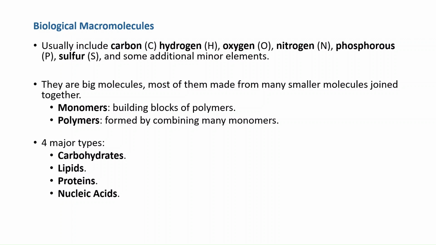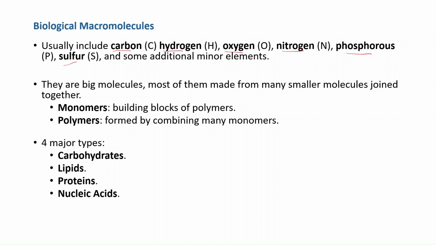Macromolecules are big molecules, and most biological molecules are big. They usually include carbon, hydrogen, oxygen, sometimes nitrogen and phosphorus and sulfur. Rare, sometimes you can add some other elements, but these are the main atoms that form biological macromolecules.